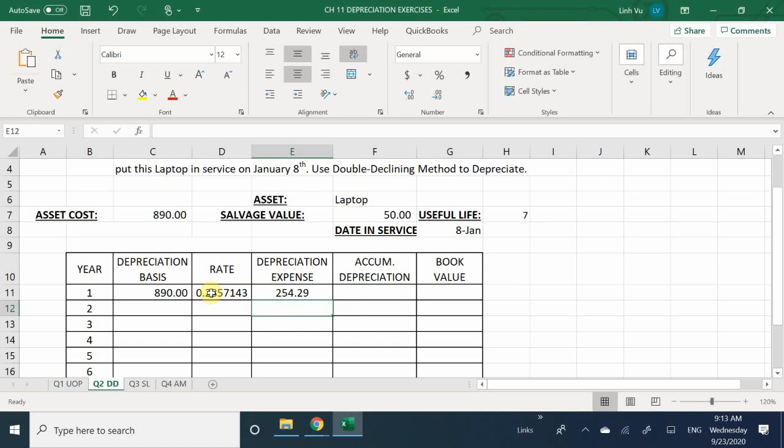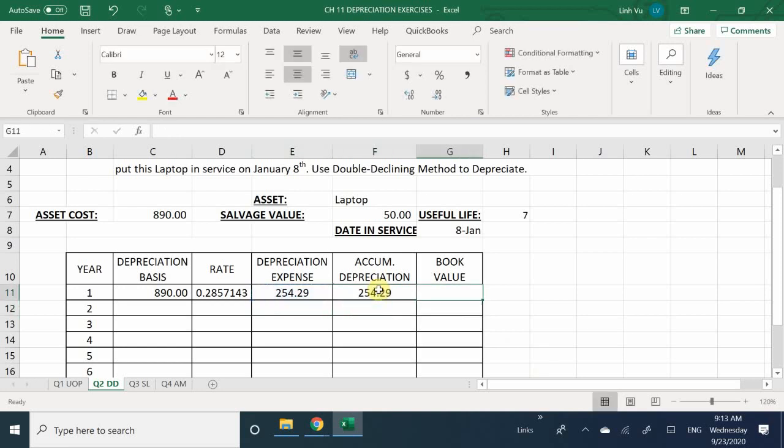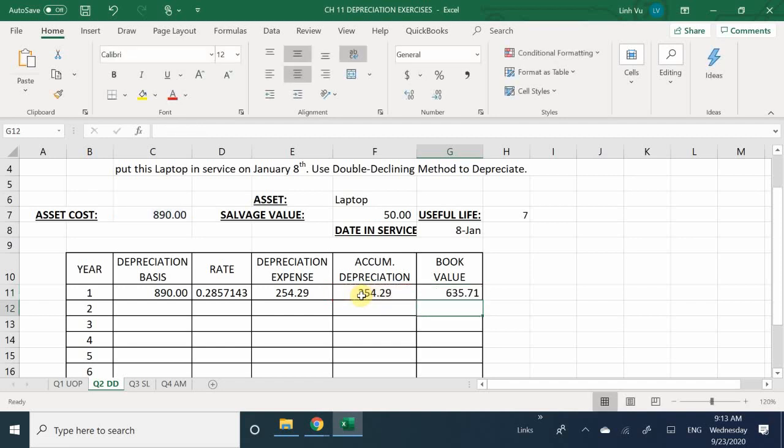So then what's my accumulated depreciation going to be for my first year? 254.29. Correct. And my book value is going to be 635.71.